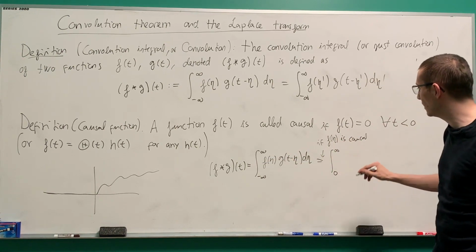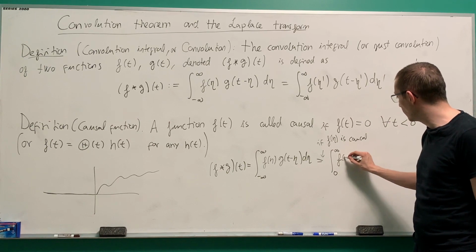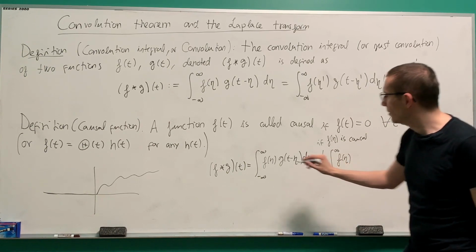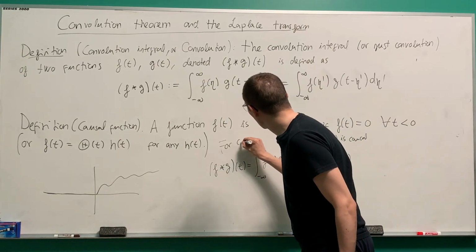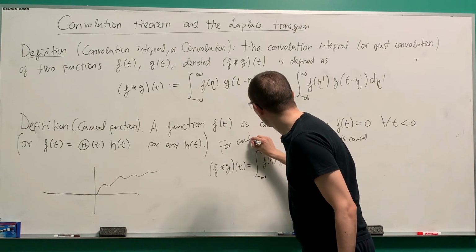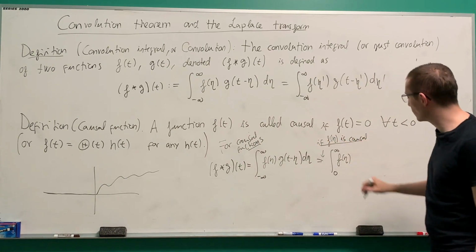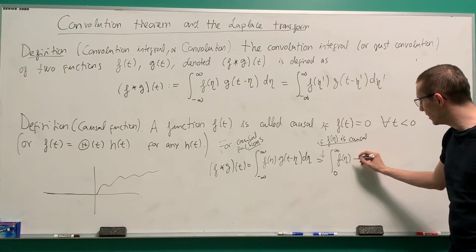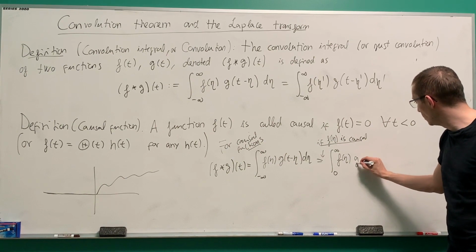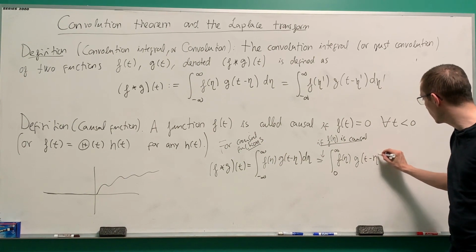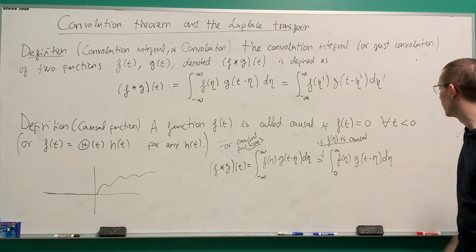So using that f of eta is causal, for causal functions, just to remark it, I get f of eta, from 0 to infinity, g of t minus eta d eta.